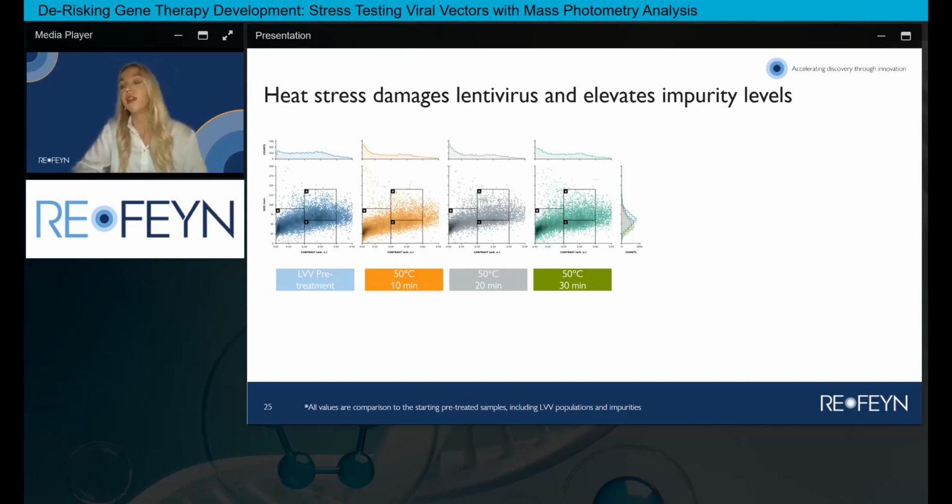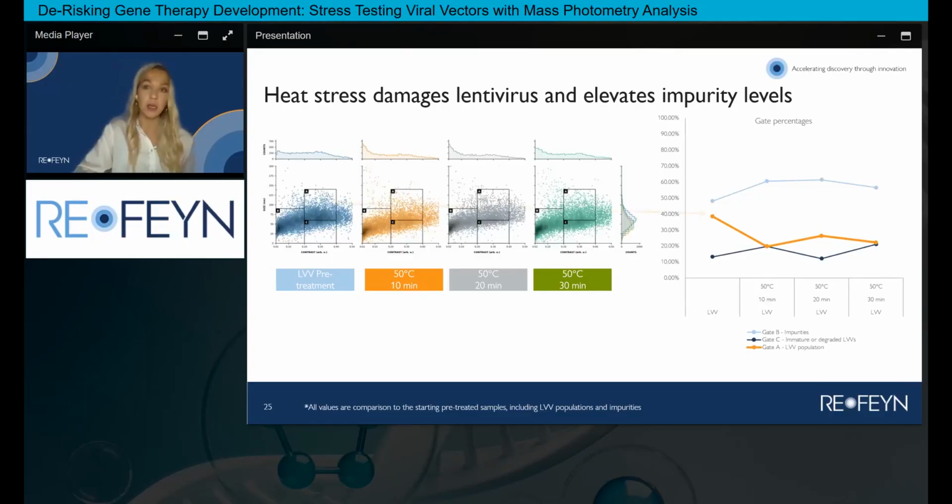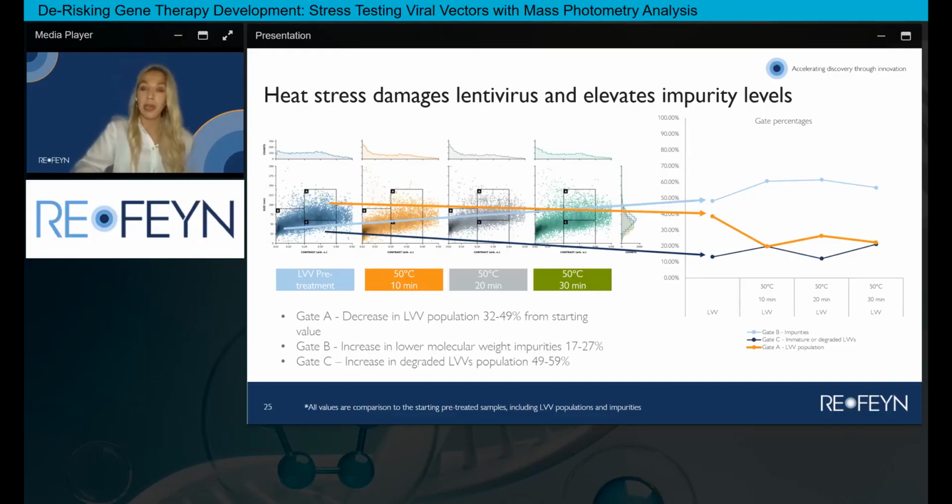So again, your blue scatter plot is your sample pre-treatment, and then you can see samples that were exposed for 10, 20, and 30 minutes. And again, gate A corresponds to your lentiviral vectors, and gate B and C to lower molecular weights and degraded capsid.